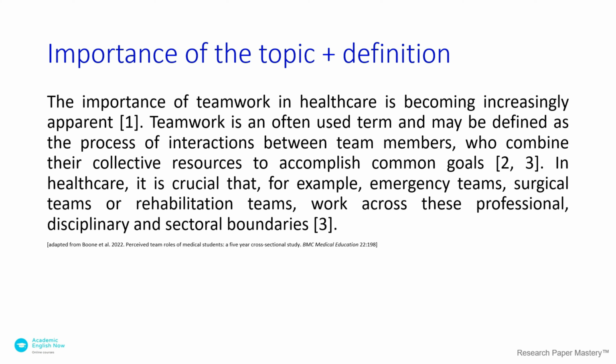The first sentence specifies the importance, but then we define what teamwork actually means. It's an often used term and may be defined as blah, blah, blah, right? And then the following sentence, in healthcare, it is crucial that, further presents the importance of the topic. So we're combining the two things in just one paragraph to be more concise.